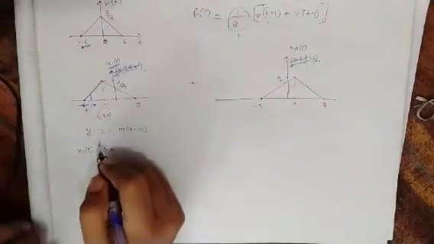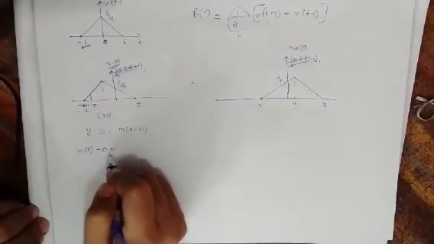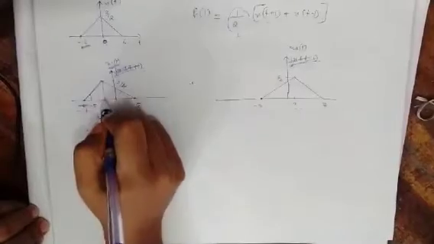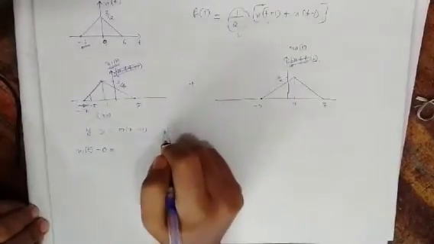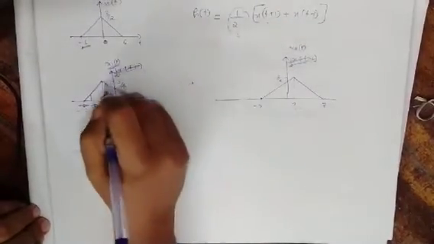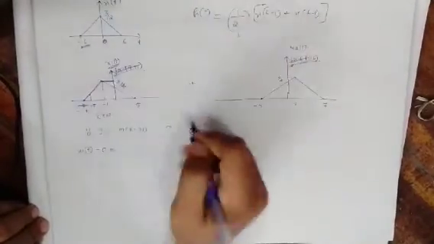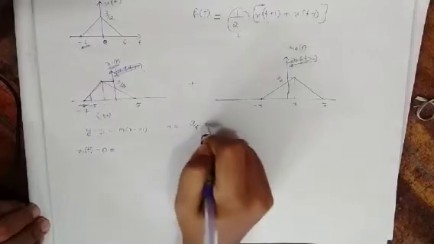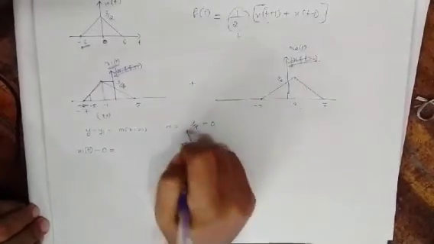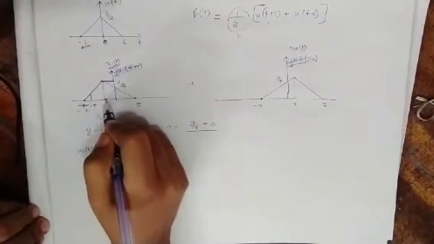Now, x1 of t minus 0 equal to m, that is our slope. We have to find out m, which is equal to y2 minus y1 divided by x2 minus x1. y2 is 3 by 4, that is 3 by 4 minus y1, which is 0, right?